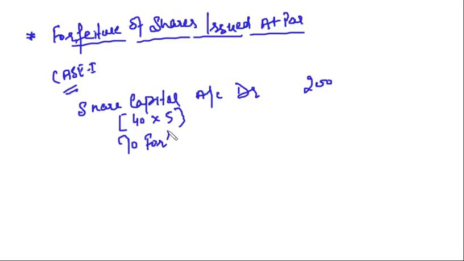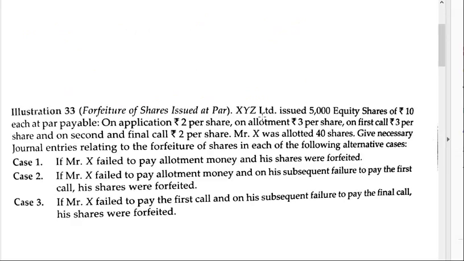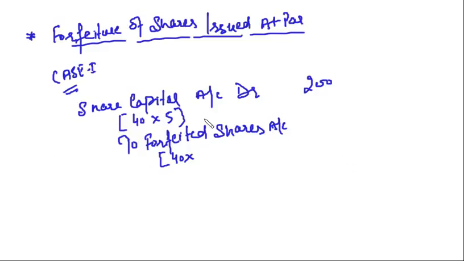Now, two accounts to be credited. To forfeited shares. Now, what is the amount in the forfeited? The amount that has been already received by the company. Here he failed to pay allotment money. Before allotment, he has paid application money of rupees 2. So this rupees 2 that we have received, we will not refund to the shareholder whose shares have been forfeited.